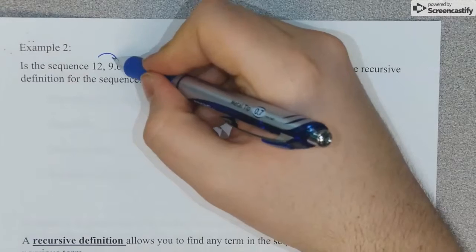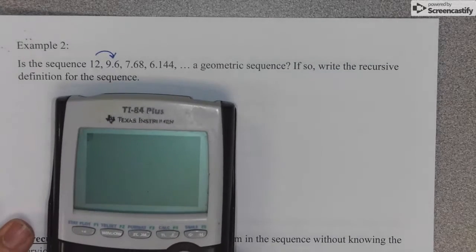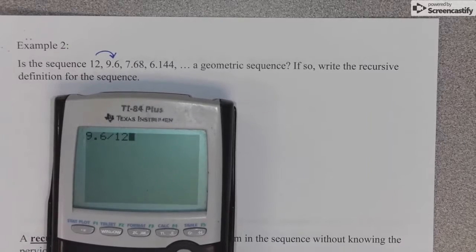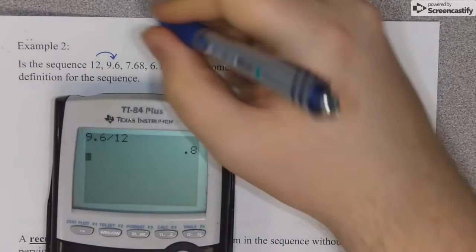So to get from 12 to 9.6, what do I need to multiply by? An easy way to come up with that number is just to get your calculator and do 9.6 divided by 12. Because if it's geometric, then that would give me my ratio. So in this case, it's 0.8.